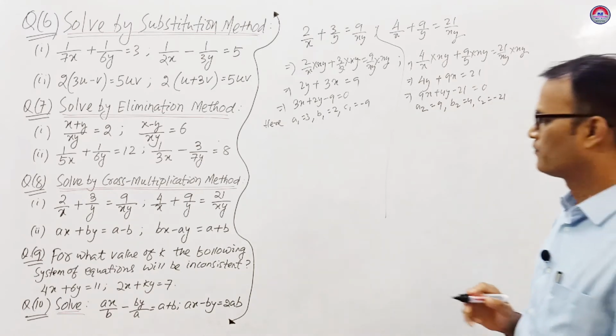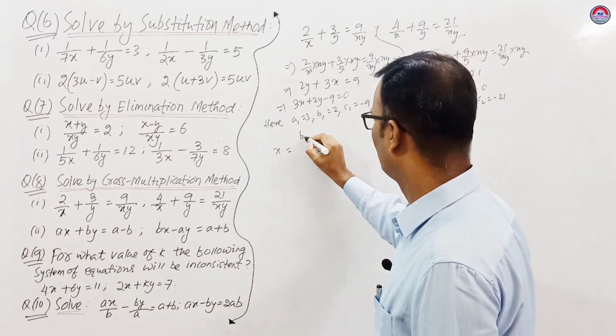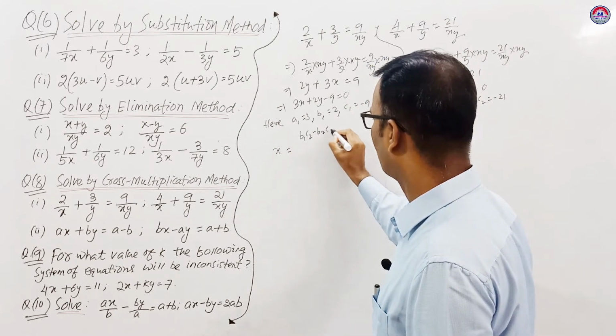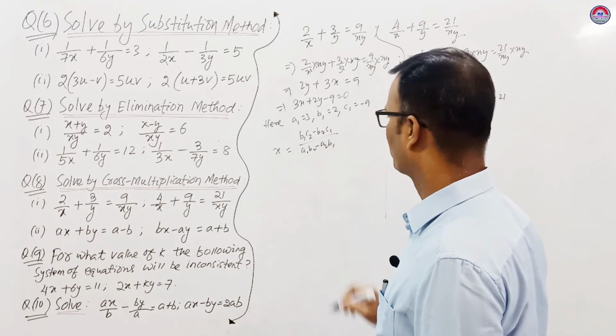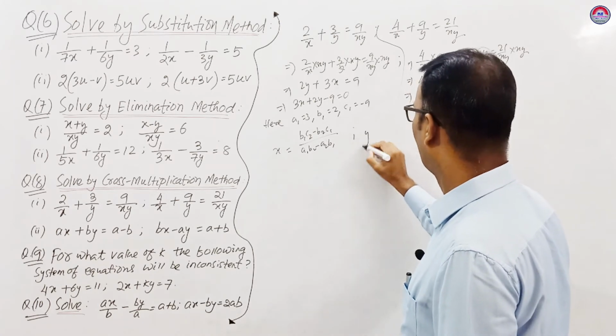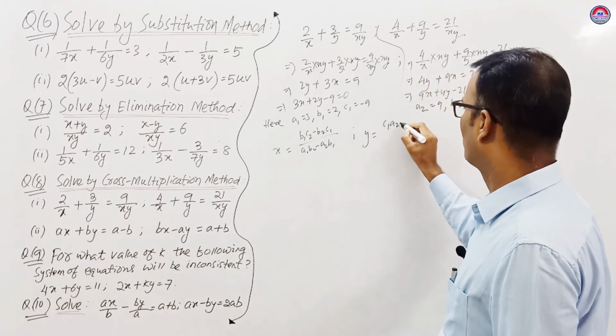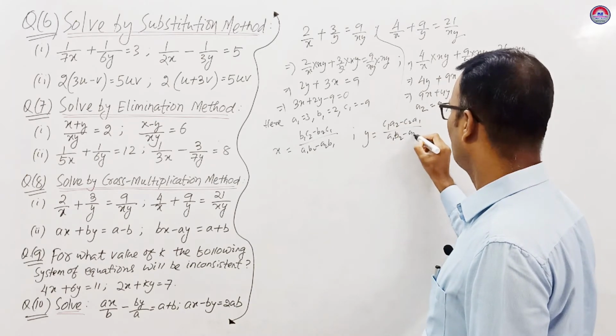What is the formula? x equal to b1 c2 minus b2 c1 by a1 b2 minus a2 b1, and y equal to c1 a2 minus c2 a1 by a1 b2 minus a2 b1.